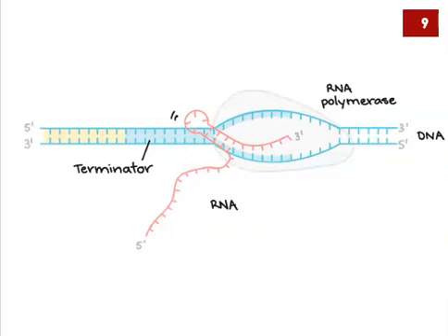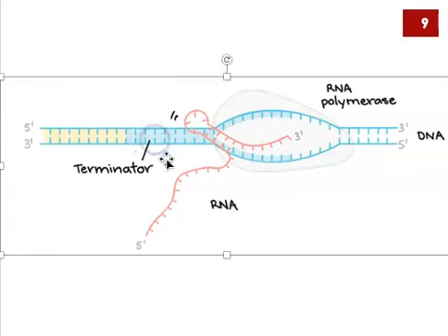So the polymerase enzyme will have continued down through the yellow protein coding area, building RNA from the template strand, and then it will just continue on into the termination signal, building RNA on the template strand. But here's the difference.